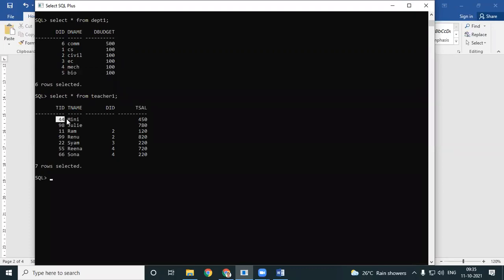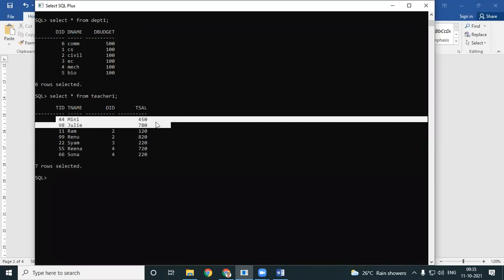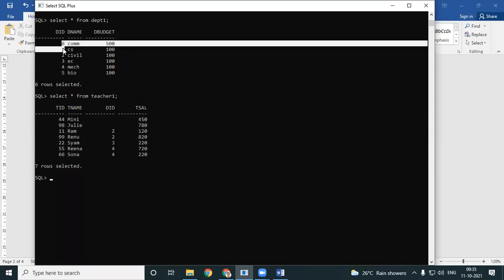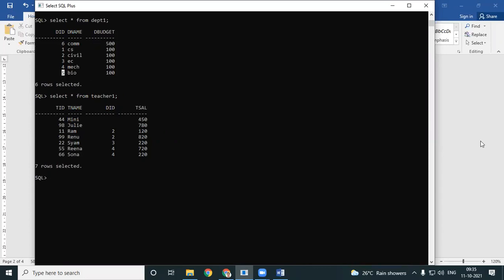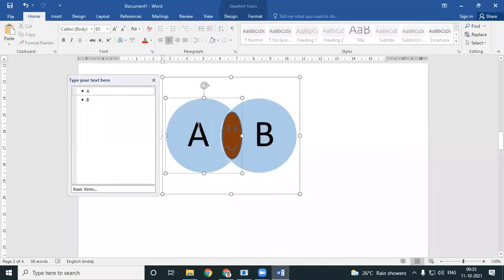And over here, my Minnie and Julie, these people are also not connected to anything. So I'll just take numbers 1, 6, and 5. So in my table A, the entries 1, 6, and 5, they are not having a corresponding entry.